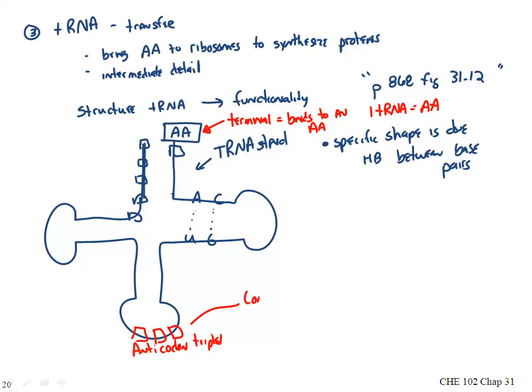And this is complementary to the mRNA. So one side of the molecule binds to an amino acid. The other side of the molecule binds to the mRNA. So that's how we get the amino acid to the appropriate spot on the mRNA, or how we can put the appropriate amino acid order together by following the appropriate code.